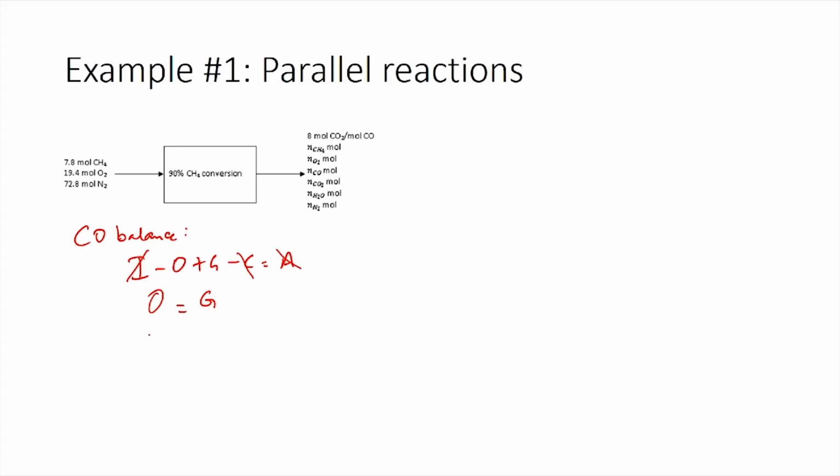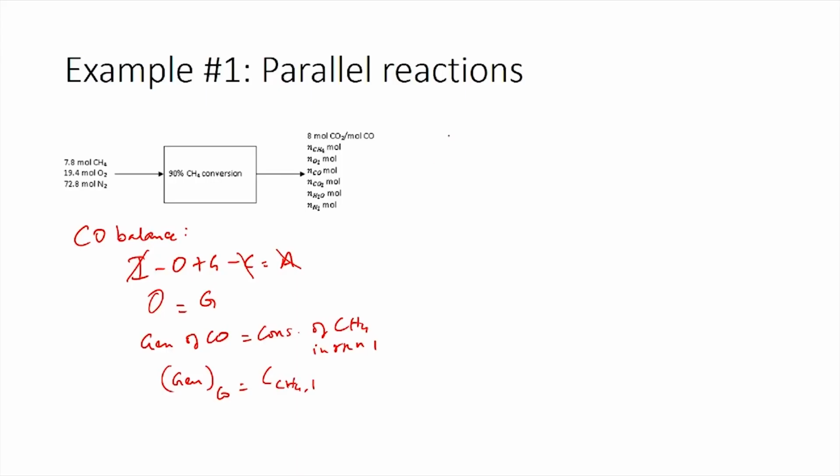So let us call consumption of methane by the first reaction as CH4. Generation of carbon monoxide would be equal to consumption of methane in reaction 1 based on stoichiometry. So this generation term for carbon monoxide is equal to consumption of methane in the first reaction.